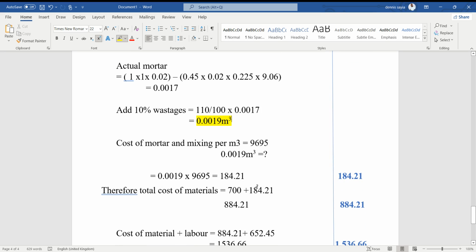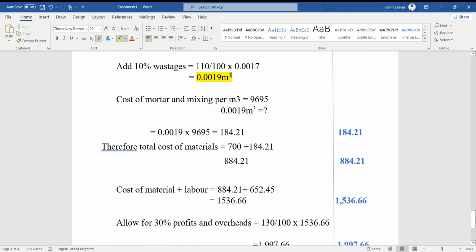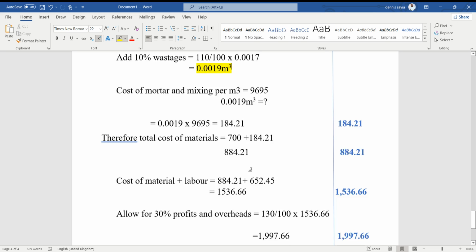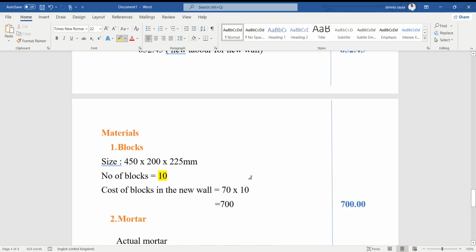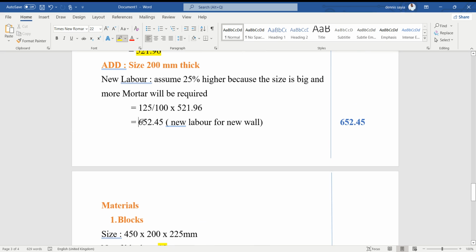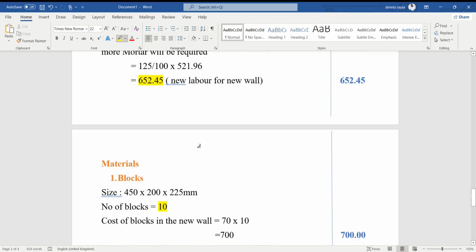Now the total cost of the material is the block and the cost of the mortar. The block was 700 and the mortar we found is 184.21. That gives us 884.21. The total cost of material plus labor will be, we have the cost of the material here, 884.21, and then labor we had found to be 652.45 shillings.